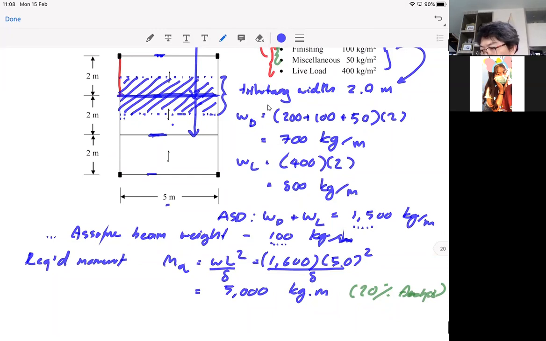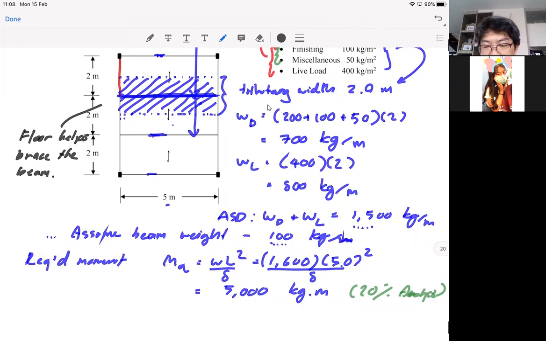So this filler beam, the secondary beam that we are designing, will be laterally braced. So let me write it down somewhere so that you know. In this case, the floor helps brace the beam.